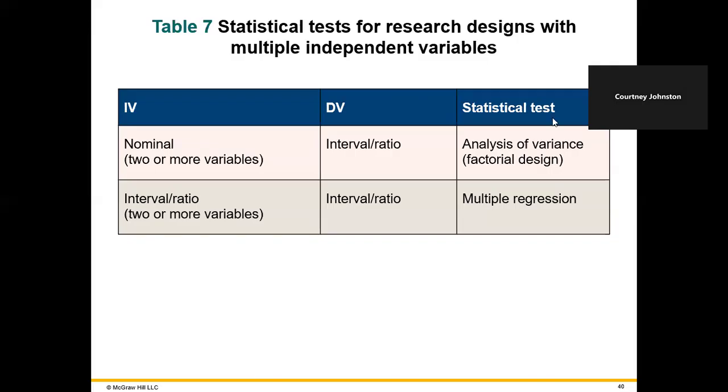And so if you've got two independent variables and one dependent variable, in general, you probably don't have two nominal and then an interval or ratio outcome variable. But if you did, you would use a factorial design, or ANOVA. In most cases, you're probably going to have two interval or ratio scales, so there's two or more variables here, and then an interval or ratio scale, you'd run a multiple regression.